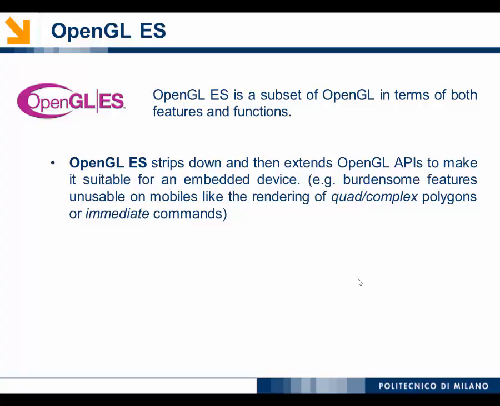For example, it is very unlikely that on a standard mobile, I don't speak about the latest one, but let's say also those of a couple of years ago, you have to render very complex polygonal objects. So you don't have to specify objects in terms of very complicated sets of vertices.